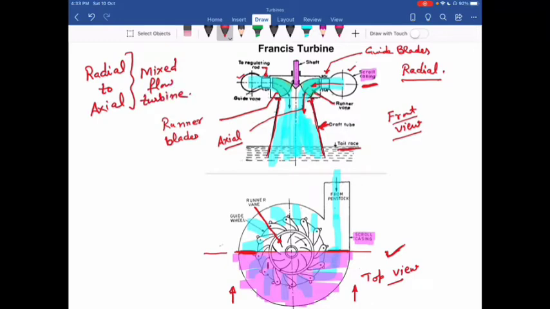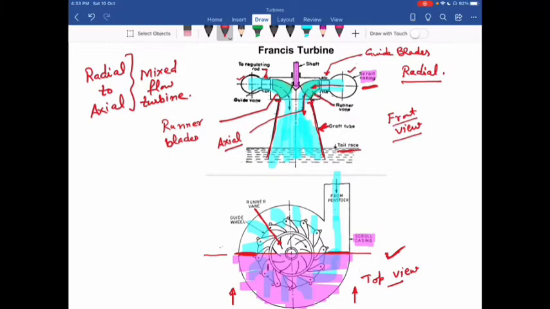So if I talk about more characteristics of the Francis turbine, this turbine is the mixed flow turbine in which water enters at the circumference of the runner and travels towards the axis of the runner. And finally, it comes out axially along the shaft. So this is one characteristic. Now, this turbine operates under medium heads.